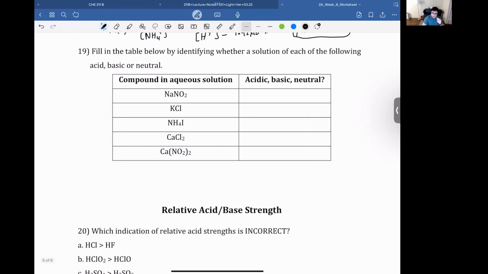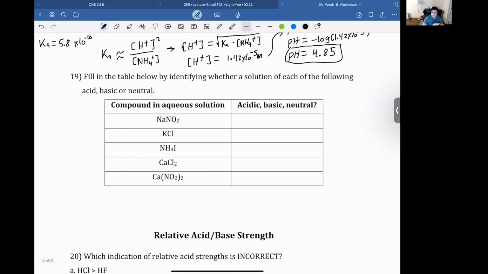Okay, number 19 says fill in the table identifying whether the solution of each of the following is acidic, basic, or neutral. So the way you do this is you have to determine whether you have a conjugate base of an acid or whether you have something that is an acid.